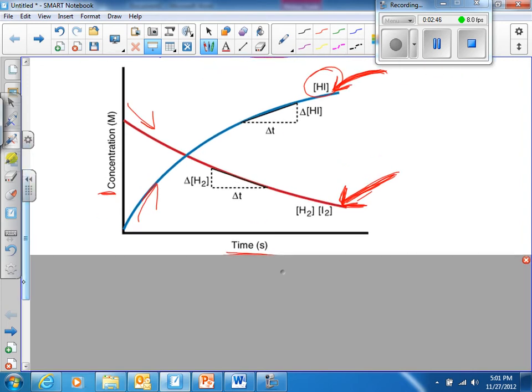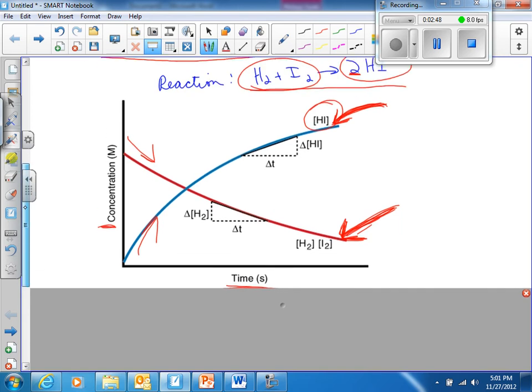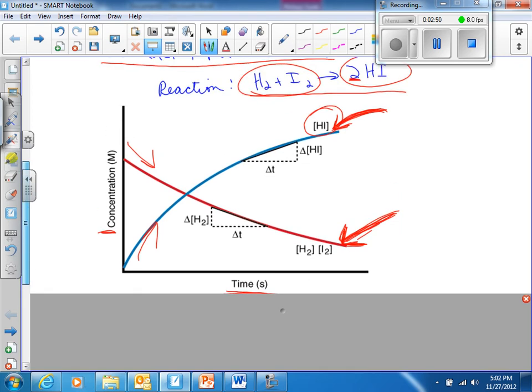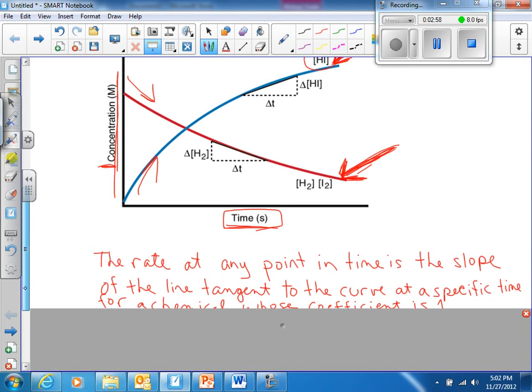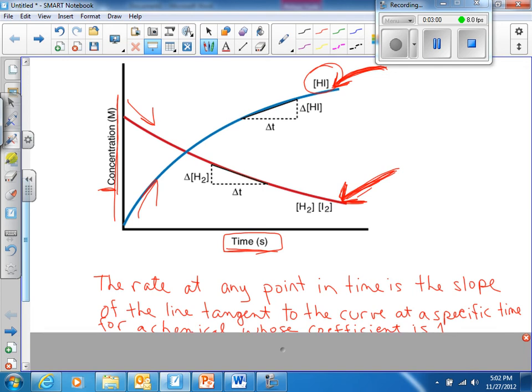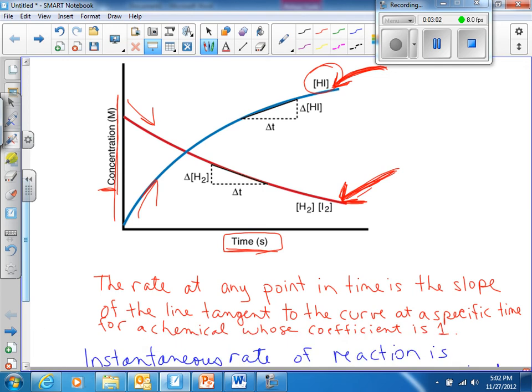Okay, so we do an experiment and we see how the concentration of reactants and products change with respect to time. And this is how we get rates. The rate at any point in time is the slope of the line tangent to the curve at a specific time for a chemical whose coefficient is 1.